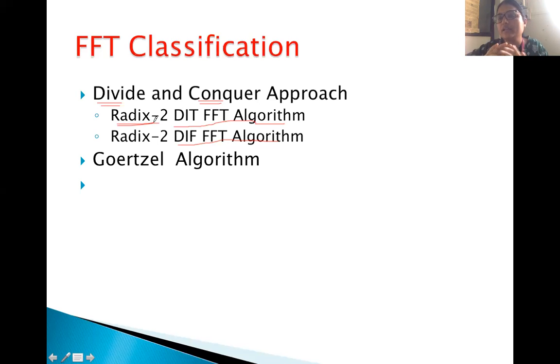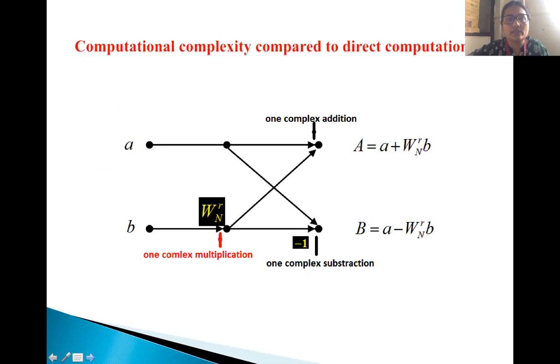So this is called a radix 2 algorithm. We will be looking into the radix 2 DIT FFT algorithm, the radix 2 DIF FFT algorithm, and one more algorithm for computation of DFT called the Goertzel algorithm. We will understand this algorithm at the end of this chapter.